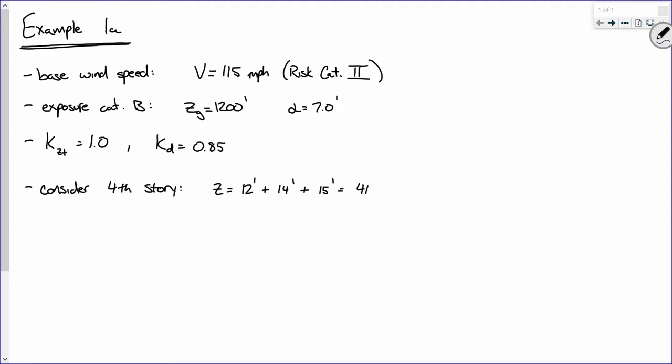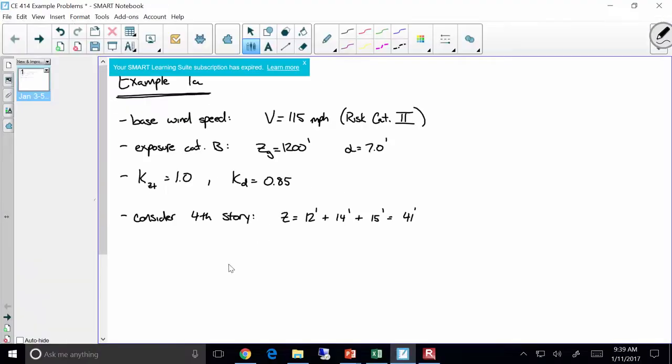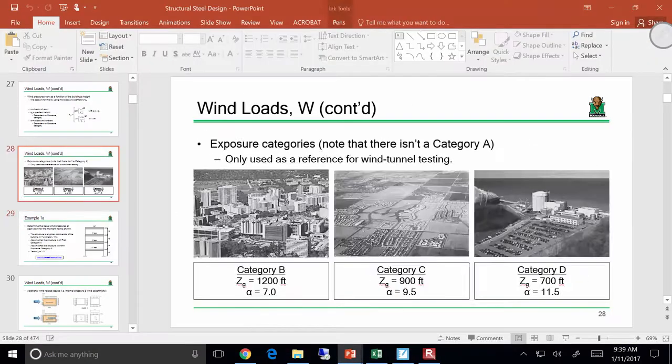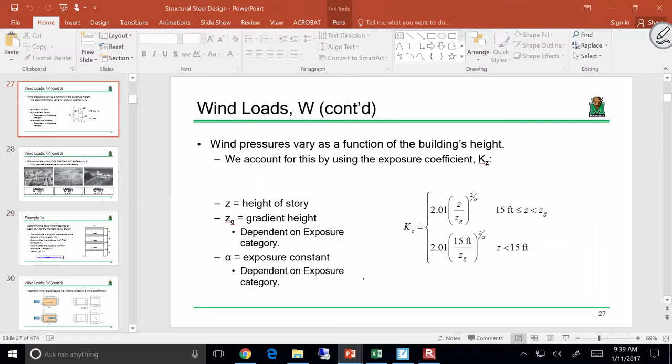41. Okay. Now, we need the height in order to determine our KZ, and KZ is basically calculated using the following equations. So the idea is anytime you have a building whose height is less than or equal to 15 feet, we just use a constant wind pressure.